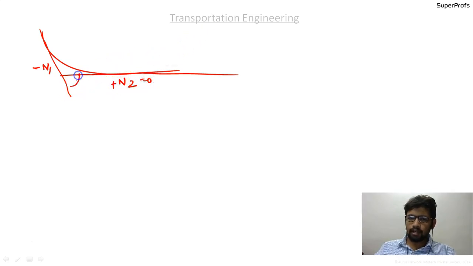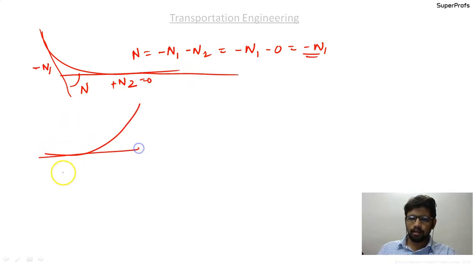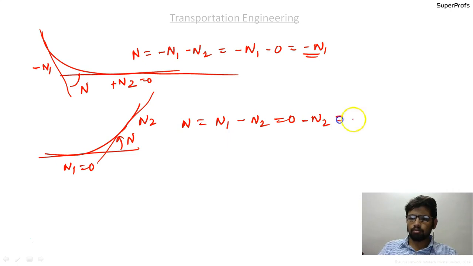So the deflection angle n will be equal to minus n1 minus n2 equal to minus n1 minus 0 equal to minus n1. Similarly in other cases also, suppose it is like this, and n1 is equal to 0, n2 equal to some value. So the deflection angle n is equal to n1 minus n2 equal to 0 minus n2 equal to minus n2. So since it is minus n2, it is a valley curve.